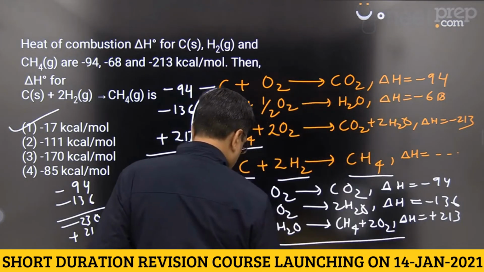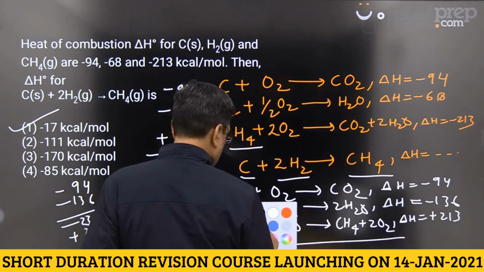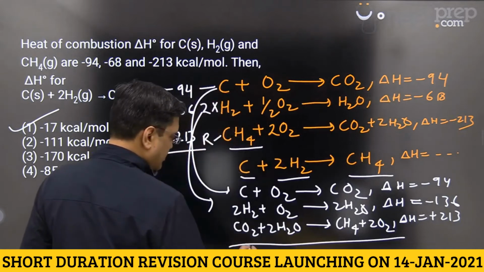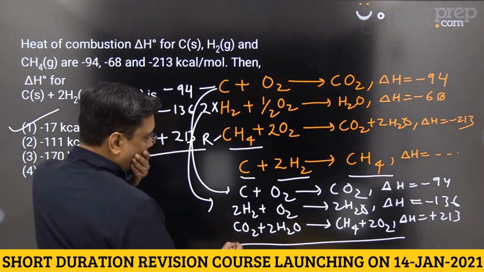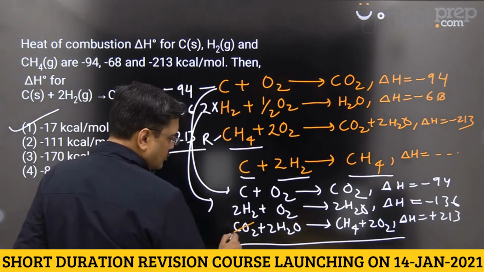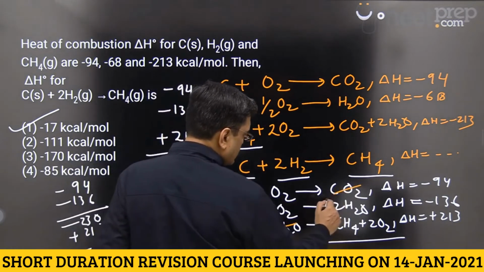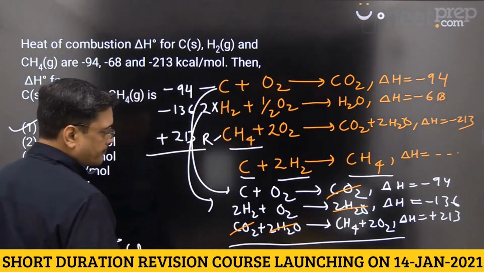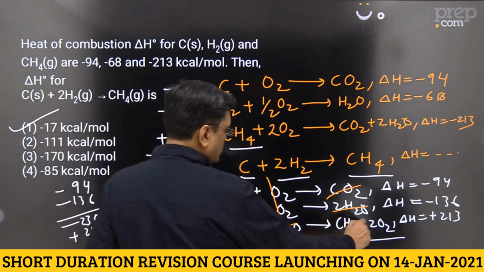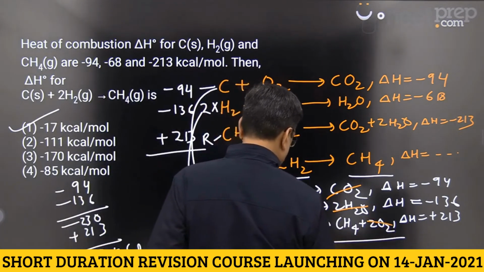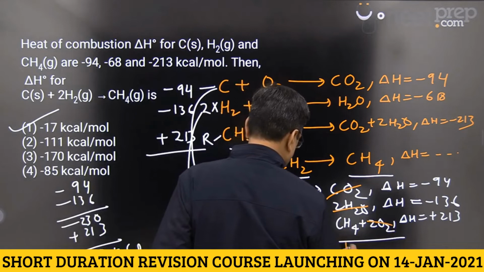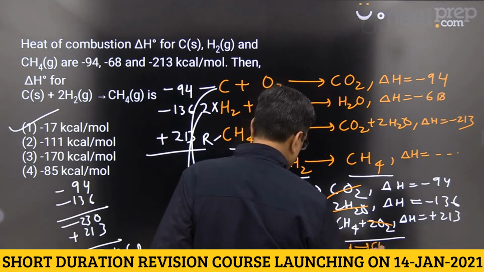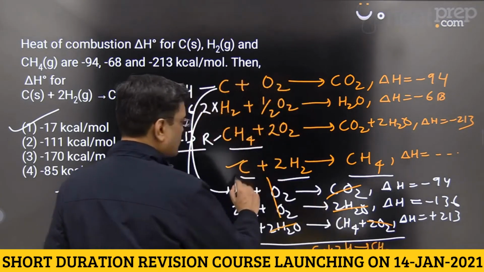You will be surprised that we have the same equation. See here, CO2 and 2H2O cancel out, and 2O2 and 2O2 also cancel out. So what is left? C plus 2H2 is equal to CH4, and this is the same equation.